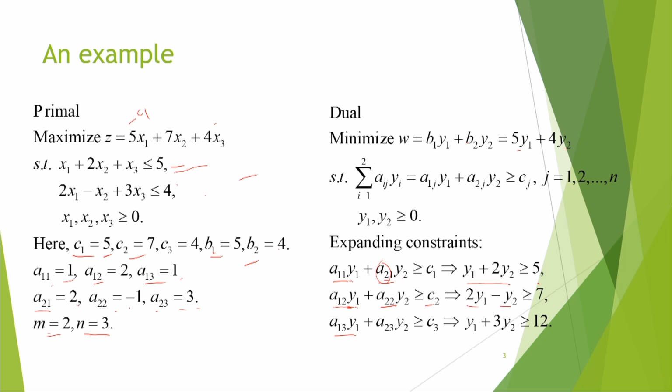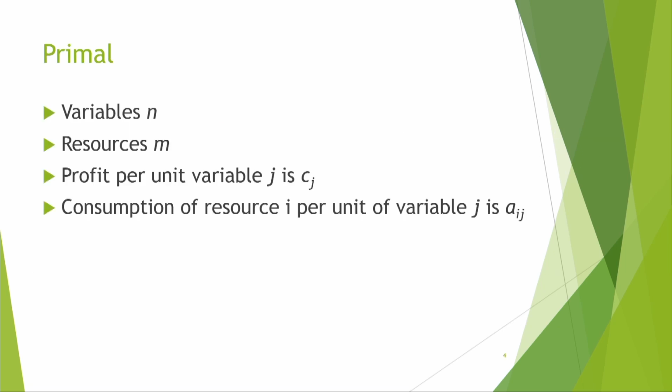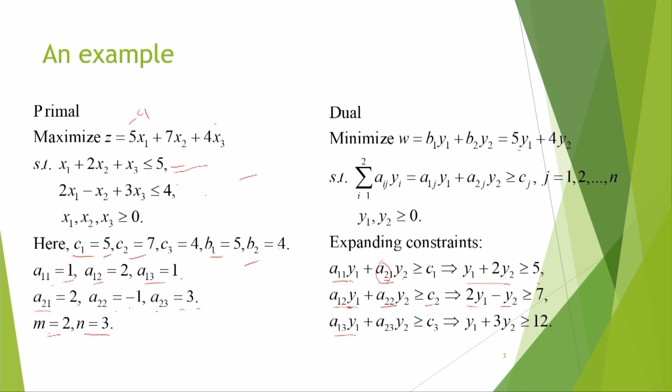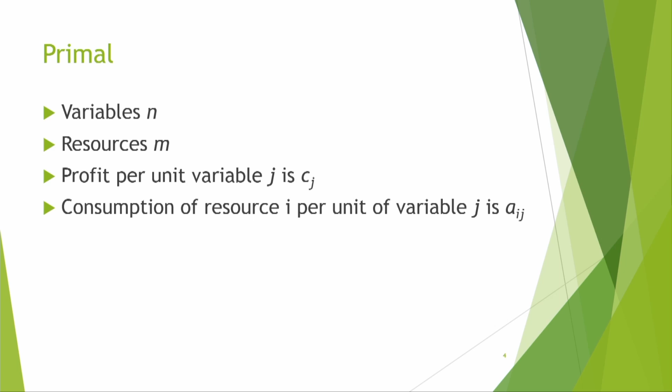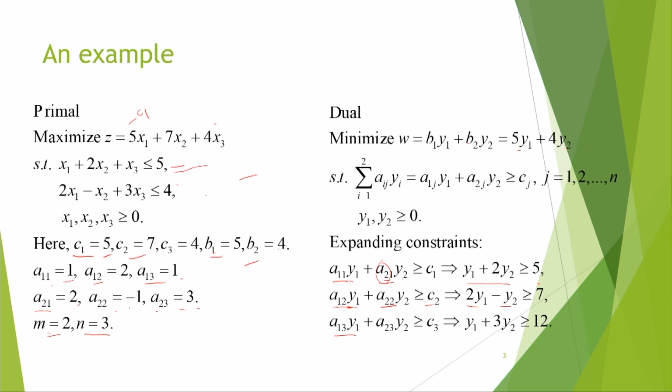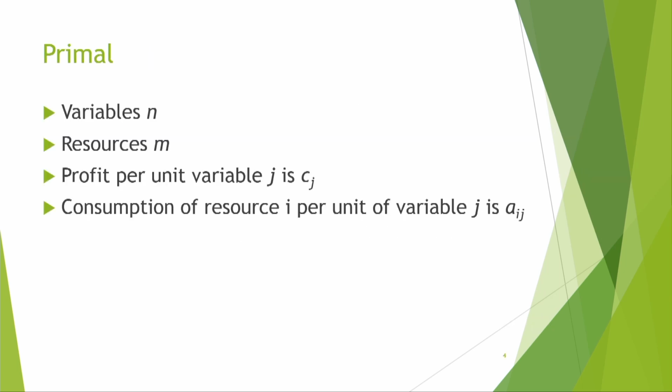So, what we are seeing is that you see variable n and resource m were there in the primal problem, and profit per unit of variable j is Cj, that is why we have Cj Xj, that means it is maximized. So, we are maximizing profit, let us say. So, Cj Xj. Then what is this A11 etc.? This is the consumption of resource i per unit of variable j, Aij.